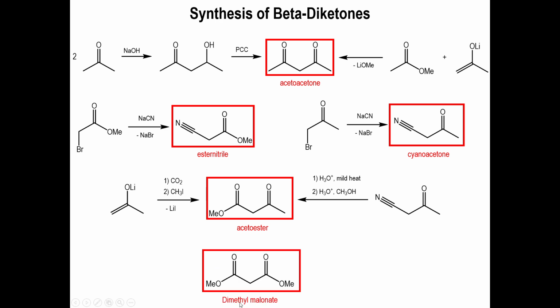And then for this last one, which we're going to talk a lot more about in this lecture, the dimethylmalonate or dialkylmalonate for general purposes. This particular molecule you can make either by first generating the enolate version of an ester and reacting that with carbon dioxide and finishing that off with an alkylation to give you the diester.